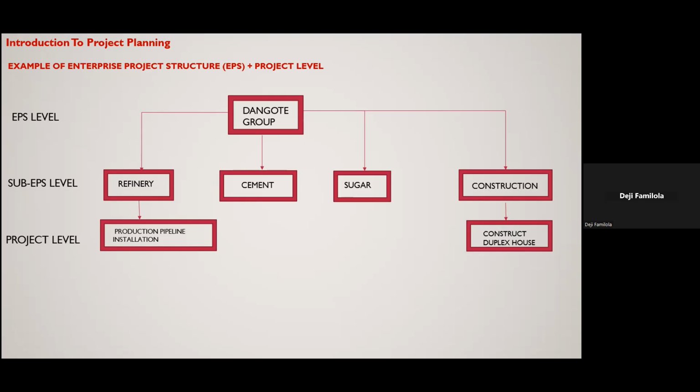If I'm looking for pipeline installation, most likely my mind will go to the refinery. That's where the pipeline will be. And when you're constructing, maybe building a house or a duplex, that will be under construction. I will not be able to find that under sugar and all that.